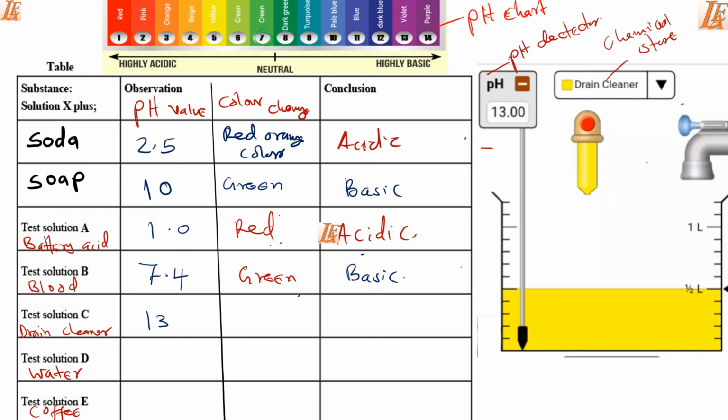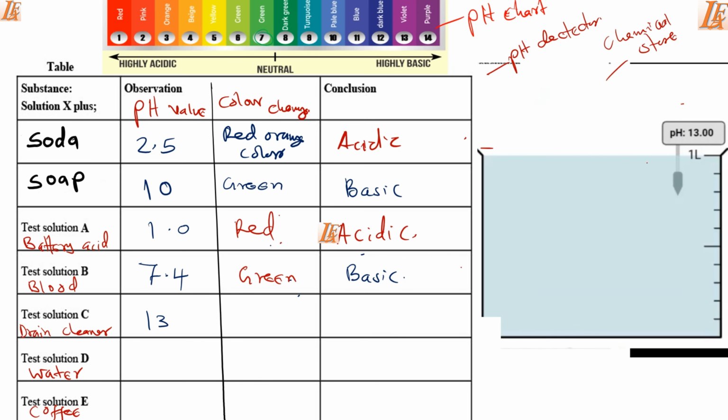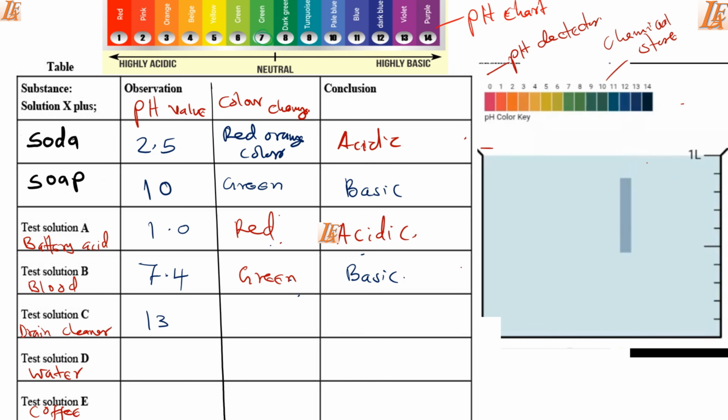Then if we introduce a universal indicator paper, the color will be deep blue. Let's wait and see the color. If we dip that, it's going to be deep blue. Therefore, this substance is basic.